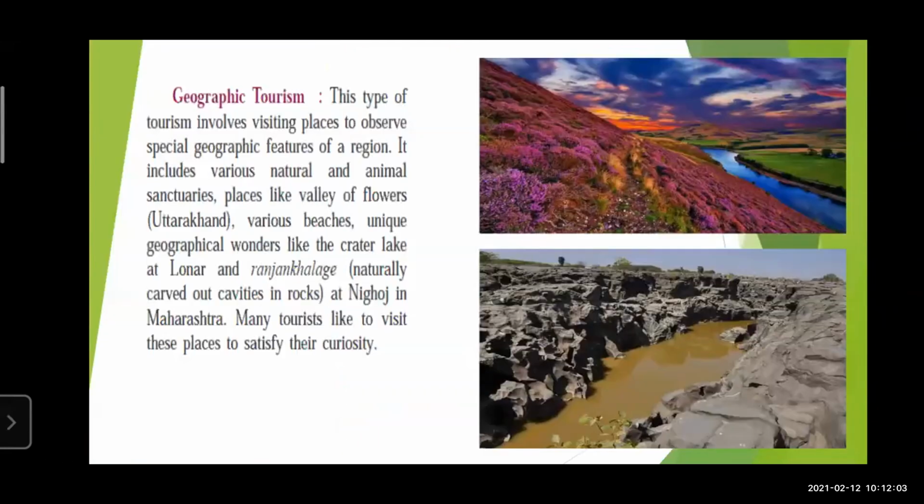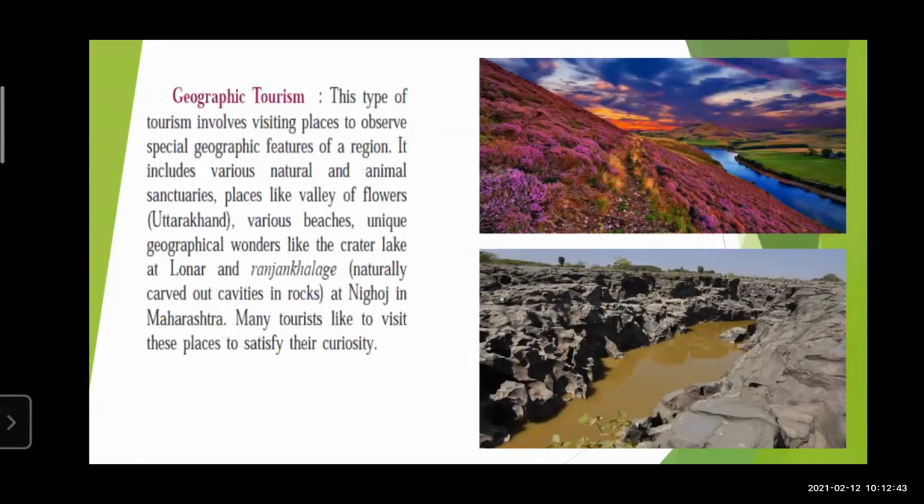The next type of tourism is geographic tourism. From the term itself, you will understand it's related to the natural or physical features of a country. This type of tourism involves visiting places to observe special geographic features of a region. It includes natural and animal sanctuaries, places like the Valley of Flowers, which is very beautiful, in Uttarakhand, various beaches, and unique geographical wonders like Crater Lake at Lonar and Ranjan Khalge.